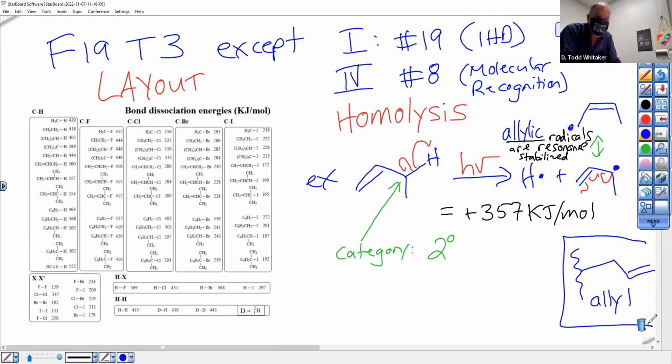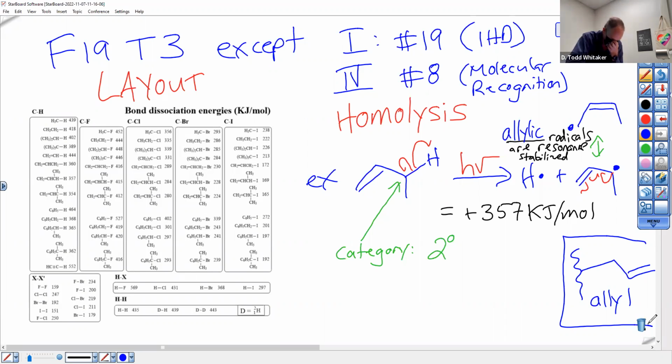It's on a carbon adjacent or vicinal to an alkene. Any carbon adjacent to an alkene is called, what kind of carbon? Allylic. It's not just a group, it's a chemistry. It puts you in a family of related chemistry.